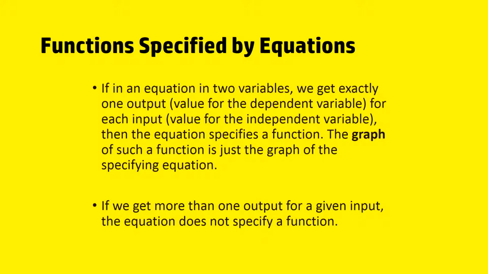The graph of such a function is just the graph of the specifying equation, the set of ordered pairs that make the equation true. If we get more than one output for a given input, the equation does not specify a function. So, stated negatively, if we get more than one output for a given input, the equation does not specify a function.